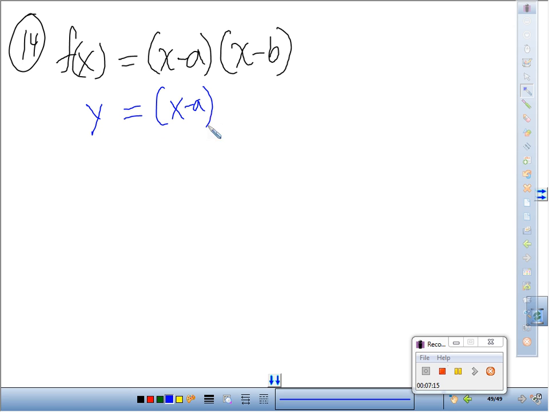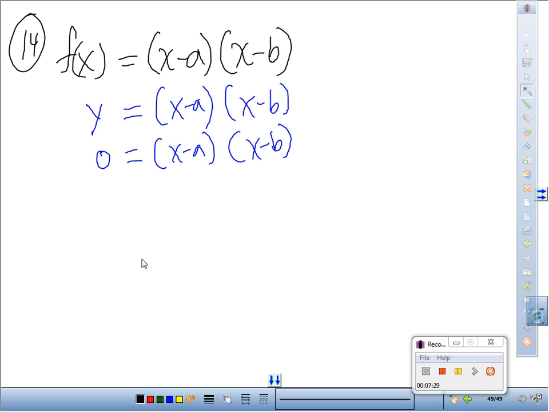X minus a, x minus b. What would be our next step, Isaac? Change y to 0. Next step is to factor. They're already factored, so what do I do next, Isaac? X minus a equal to 0. X minus b equal to 0.